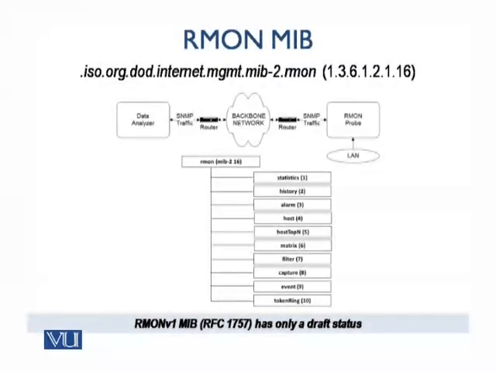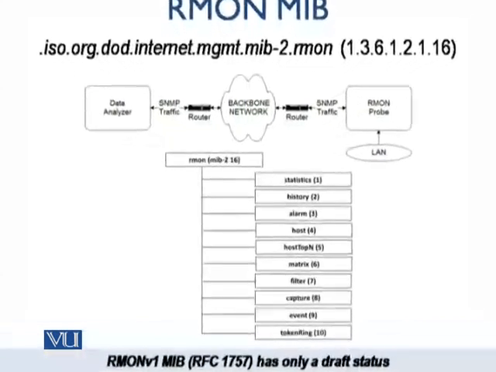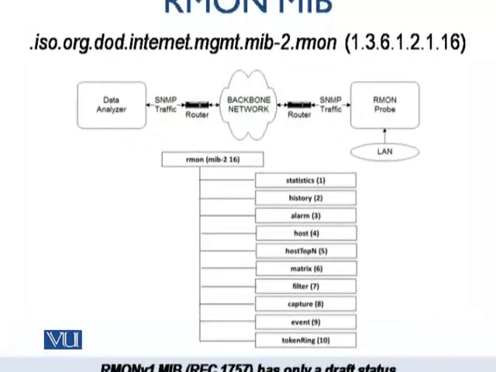The relevant RFC for this is 1757, and this again only has a draft status, which means if you are implementing SNMP, it is not mandatory to implement this. The overall identification of this MIB is 1.3.6.1.2.1.16. And we would not have time to explore this in much detail, but I would advise interested students and practitioners to look it up because this can offer utility to you in your work.